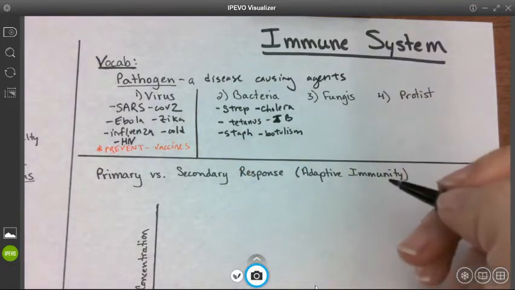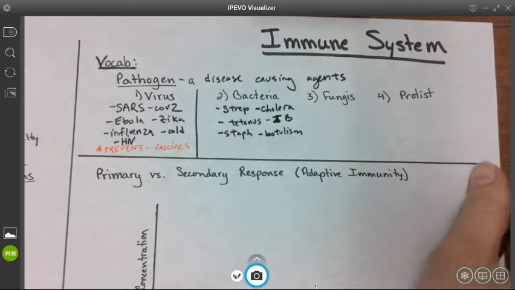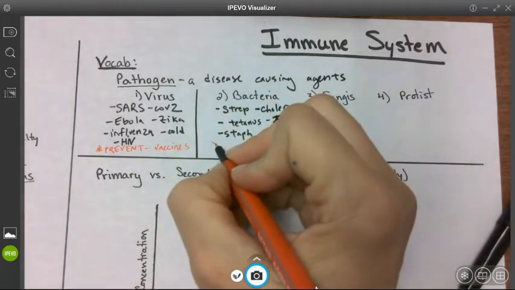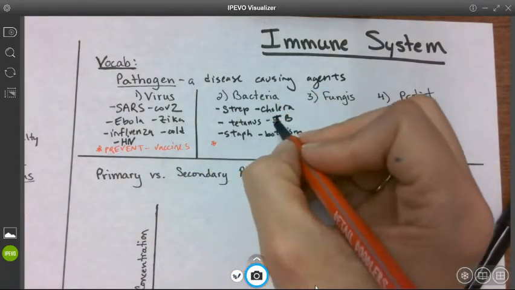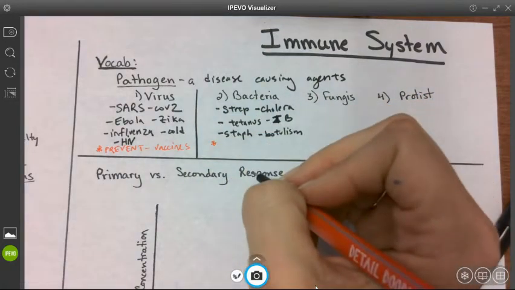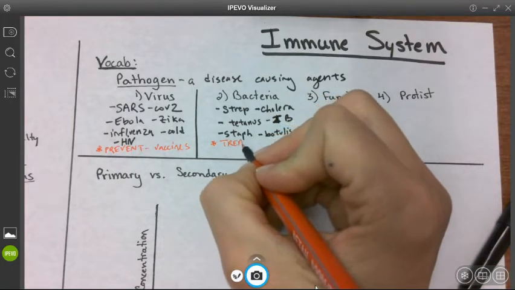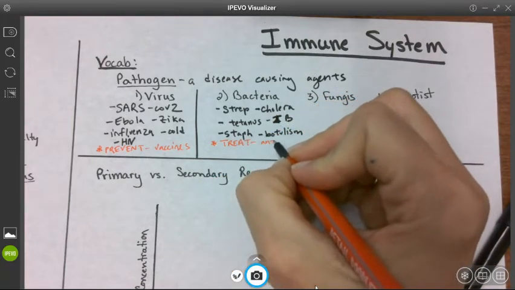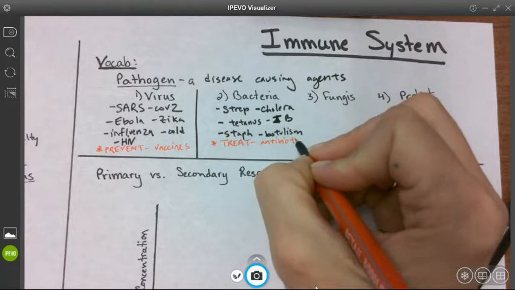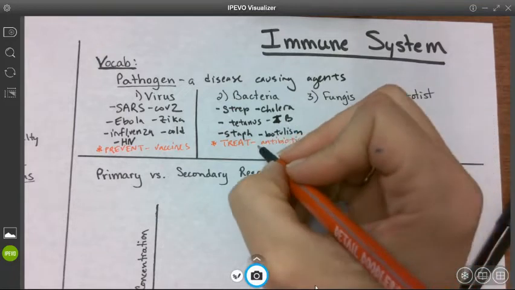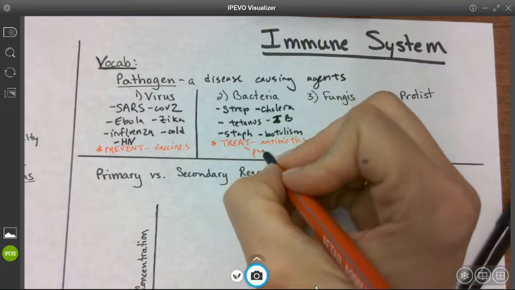These are all infections caused by bacteria. And with bacteria, we usually focus less on prevention, although prevention is important, like having clean drinking water and things like that. But we focus more on treatment afterwards, like using antibiotics to kill bacteria, because antibiotics kill bacteria, but not viruses, or phage therapy.